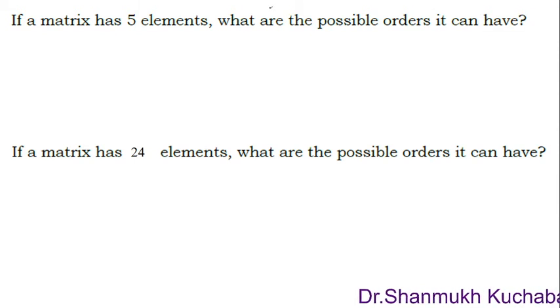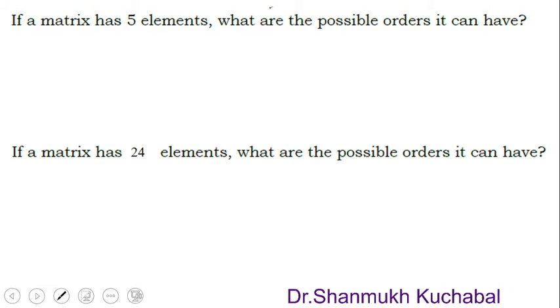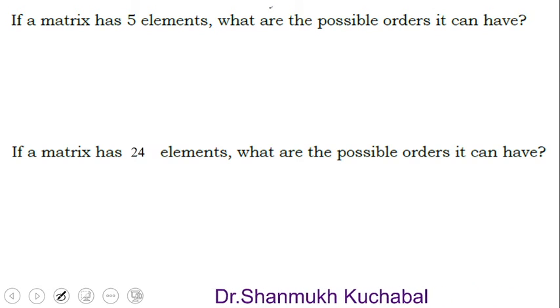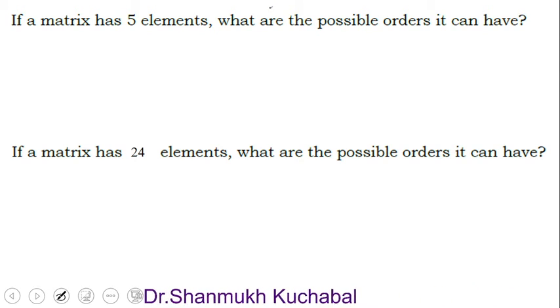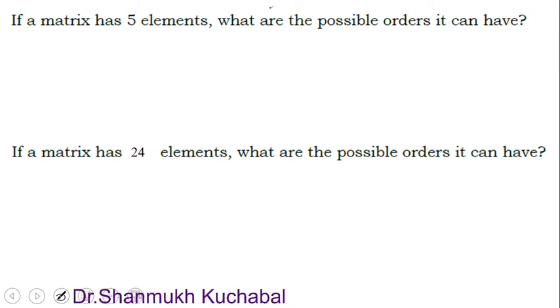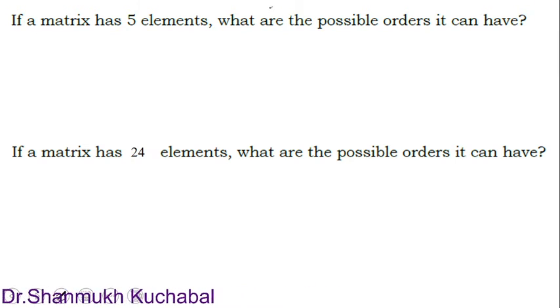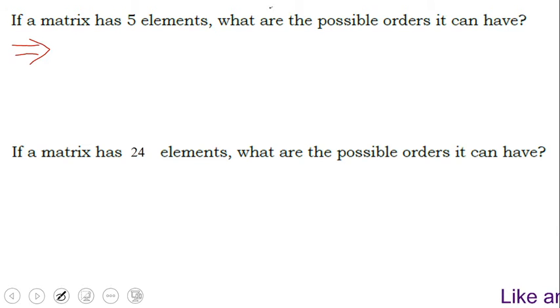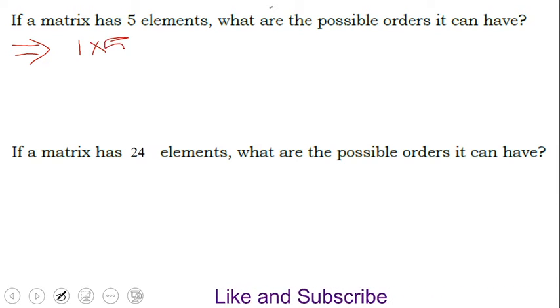So the first question is: if a matrix has 5 elements, what are the possible orders it can have? This question is very simple. We have to write multiplication of two numbers that gives 5. Possibility one is 1 into 5, which gives 5.